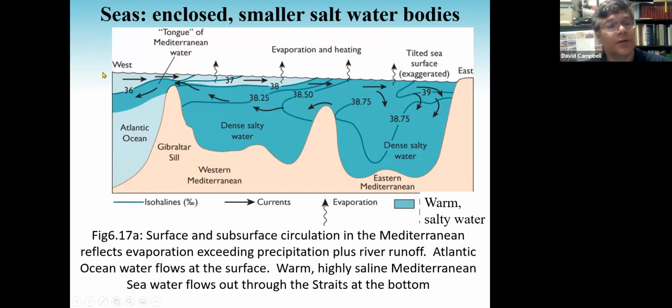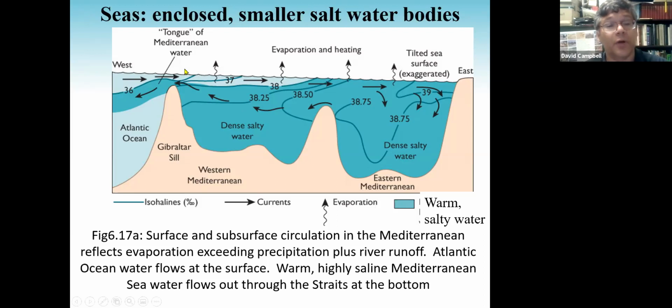Water flows in at the surface from the Atlantic. As we get more evaporation moving in, it gets saltier. It sinks down towards the east in the Mediterranean, and that deeper, dense, salty water travels underneath and flows out once more into the Atlantic, where it contributes to the extra salty, deeper water sinking down in the far north.